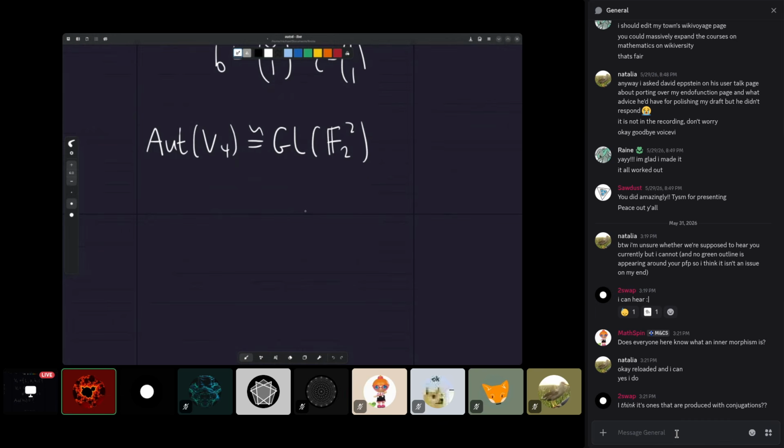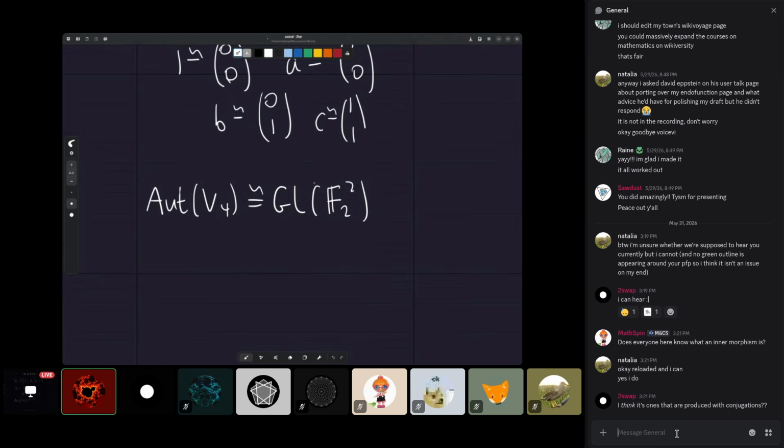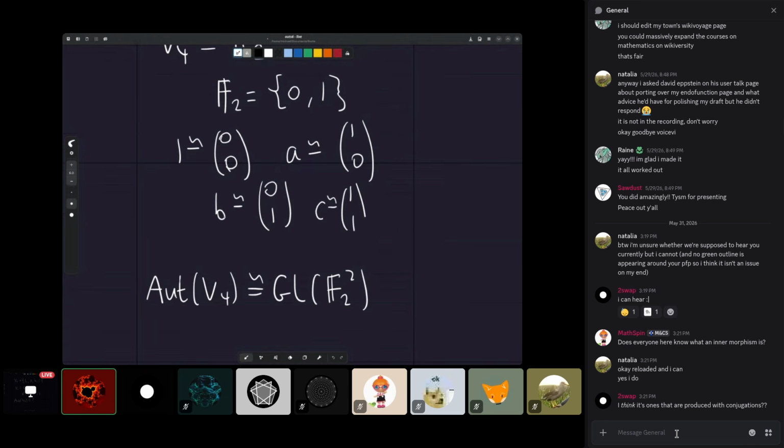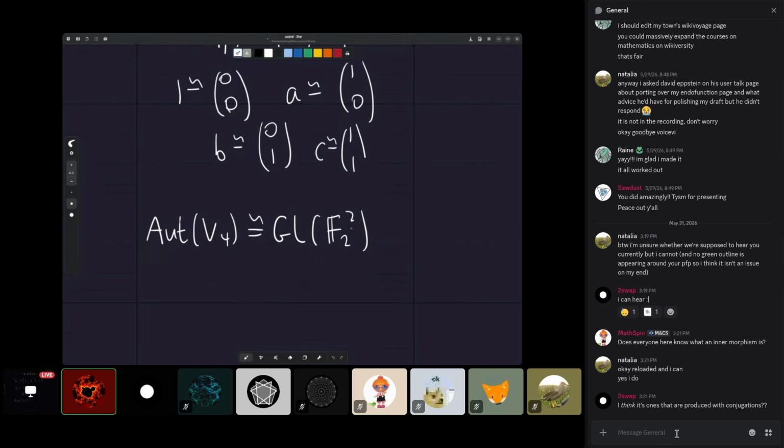So I had a nice linear algebra reason why this is the case. GL is 2-transitive on the linearly independent vectors, and that's a general linear algebra fact.